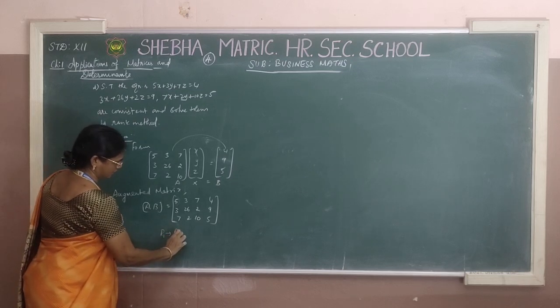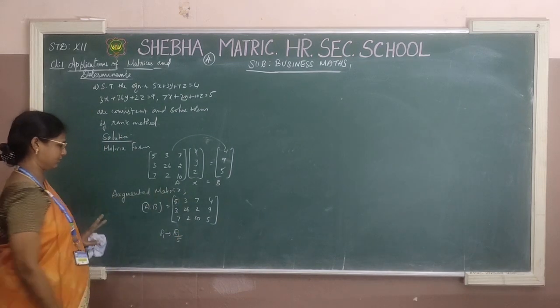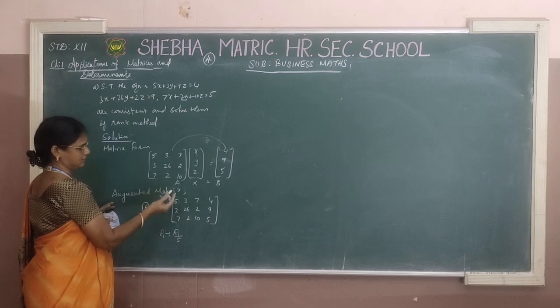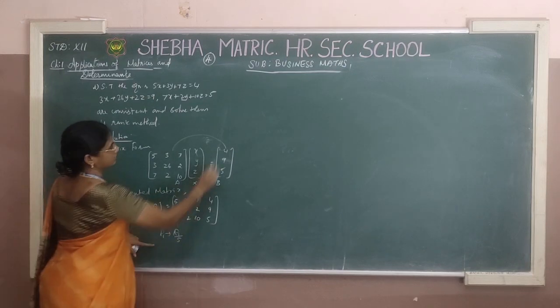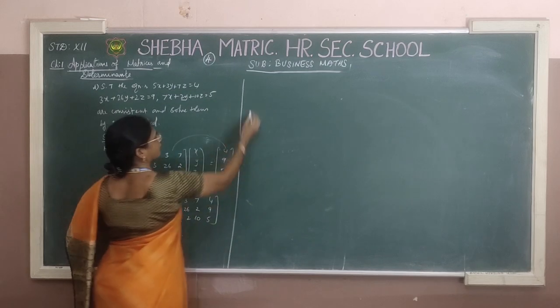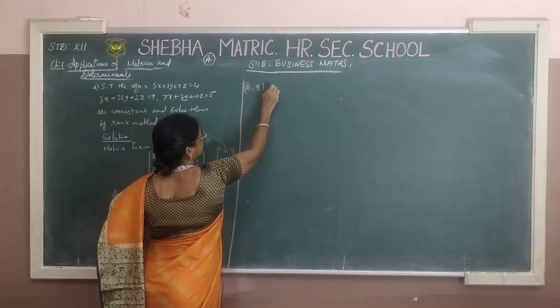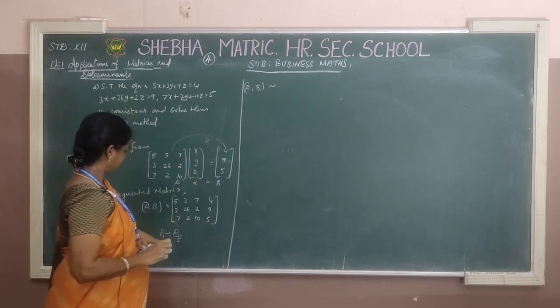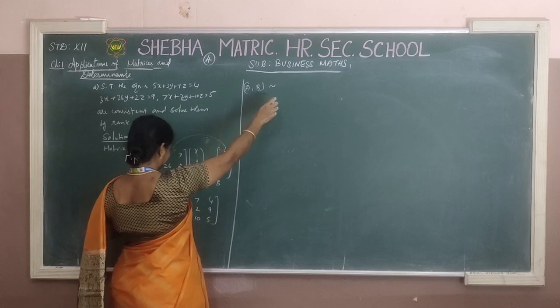So in the first step, R1 gives R1 divided by 5. We have to divide R1 by 5, so that the first element becomes 1. So A comma B is not exactly equal, so we use the tilde symbol.